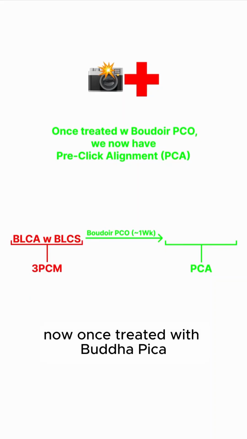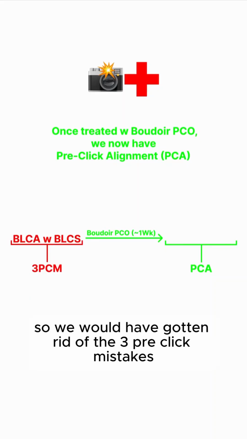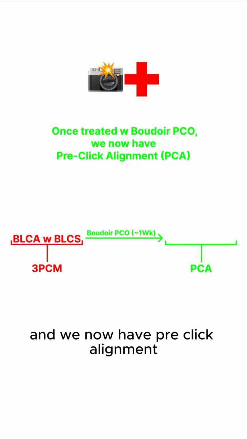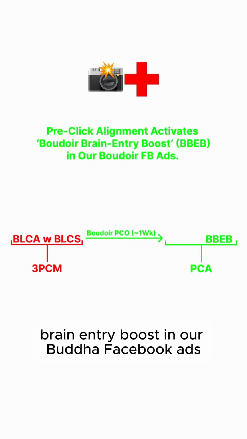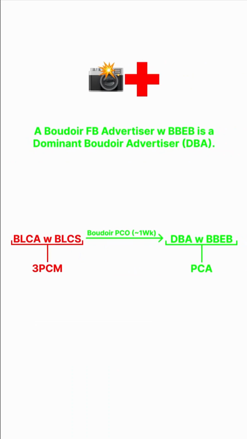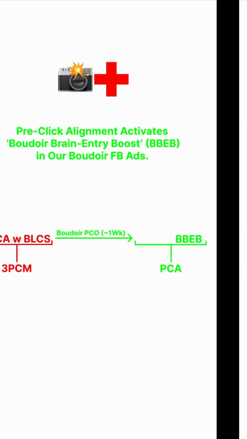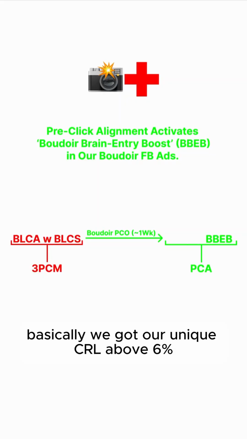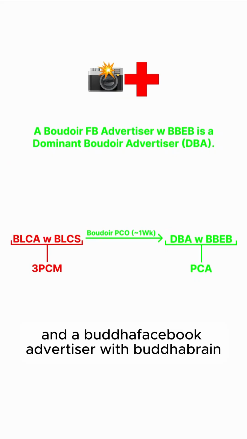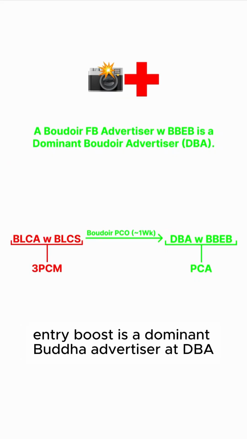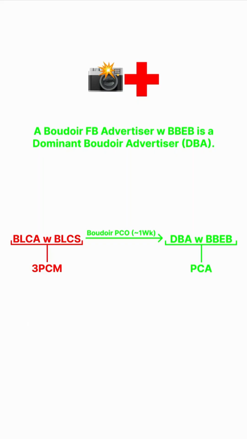Now, once treated with Boudoir Pico, we now have pre-click alignment. So we would have gotten rid of the 3 pre-click mistakes, and pre-click alignment activates Boudoir brain entry boost in our Boudoir Facebook ads. Basically, we've got our unique CTR all above 6%. And a Boudoir Facebook advertiser with Boudoir brain entry boost is a dominant Boudoir advertiser, DBA.